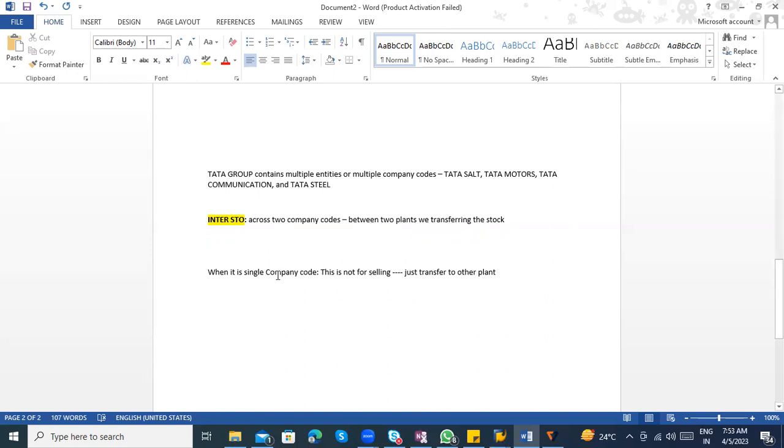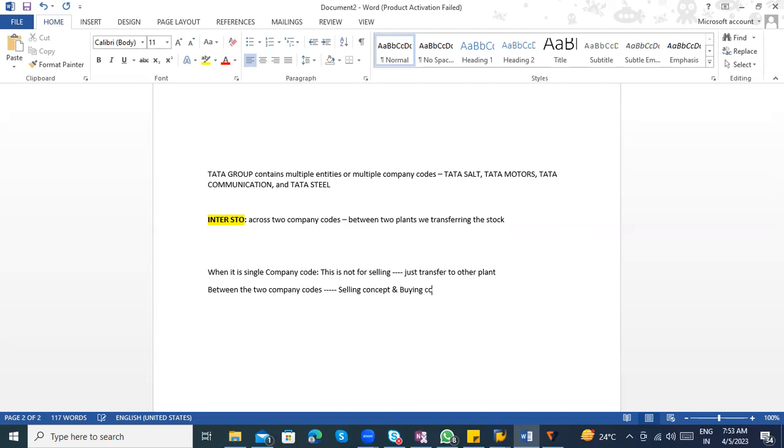All of that we can do in the other plant. So within the same company code, if we are doing a transfer, that is just a transfer, it is not a selling. If it is between two company codes, what will happen? Even if it is my own group of companies, legally at the entity level you are registered as separate entities, so obviously it becomes a selling concept, a selling and buying concept.